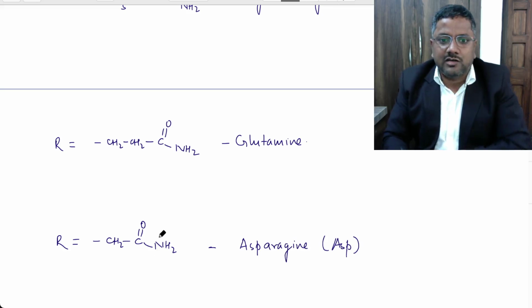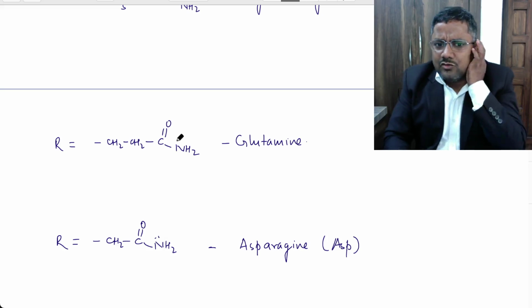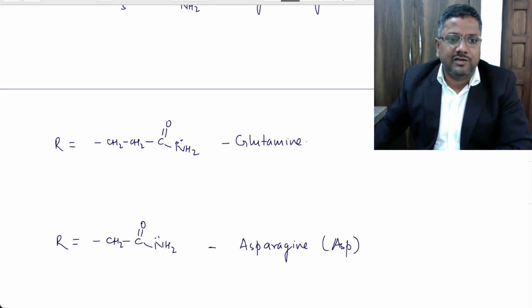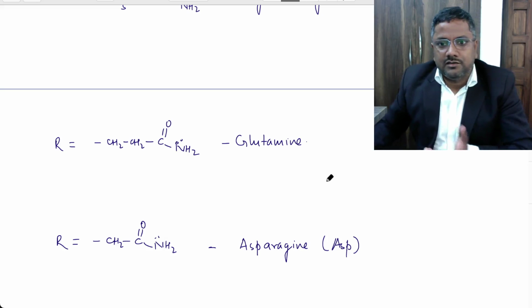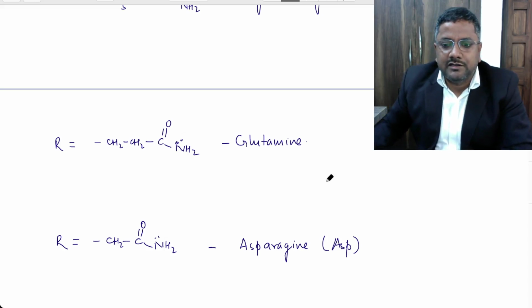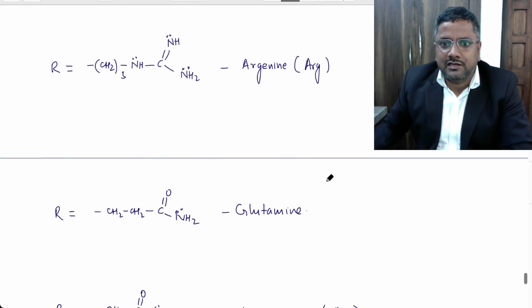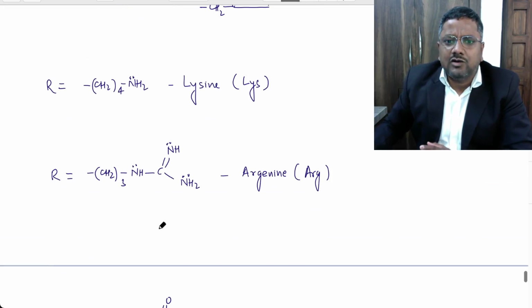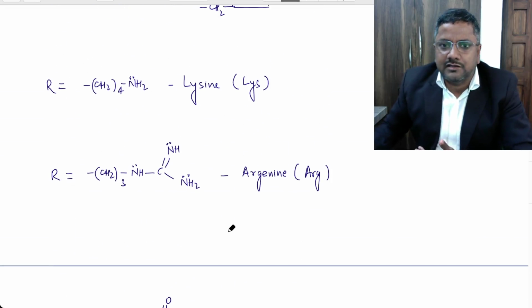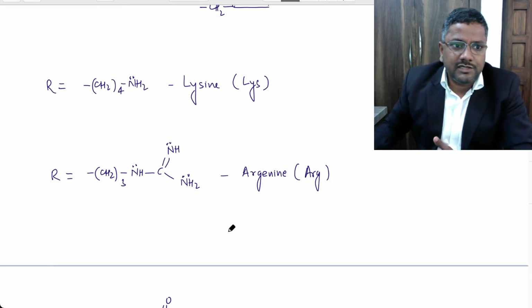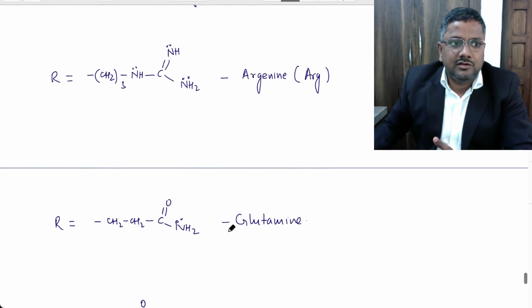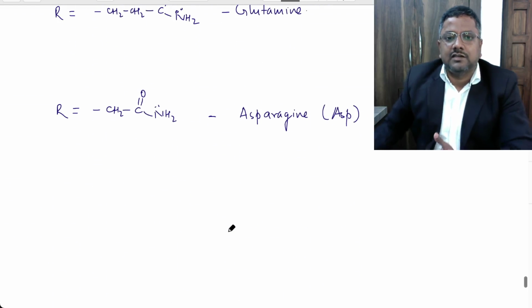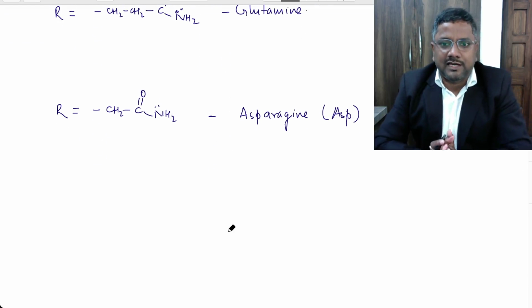So this is also an amide linkage, but overall this is a basic amino acid. So you see, they are the basic family, basic group, although amides are very less basic compared to the NH2, right? So these are the basic amino acids.